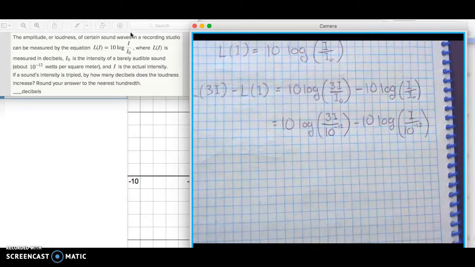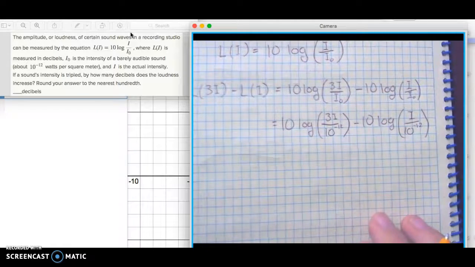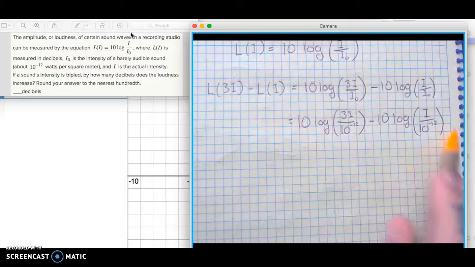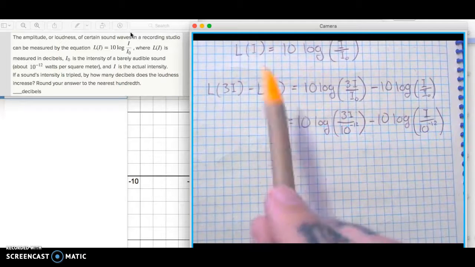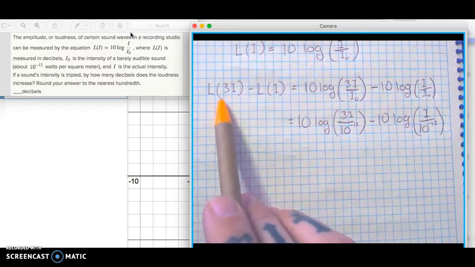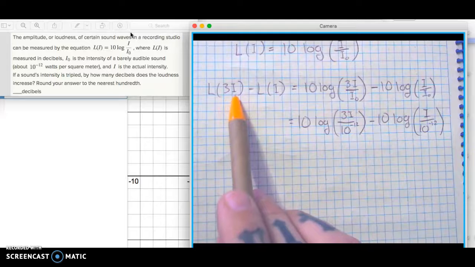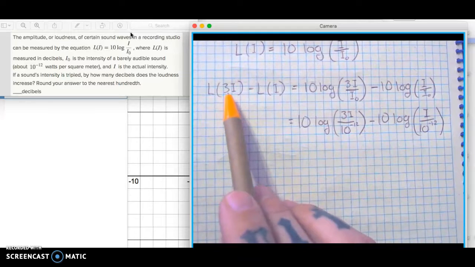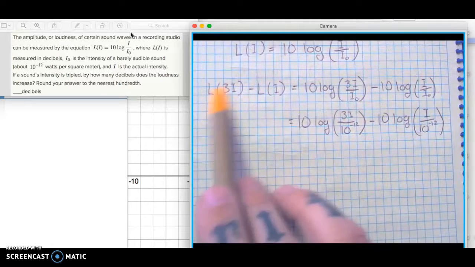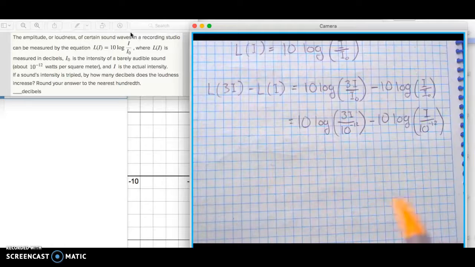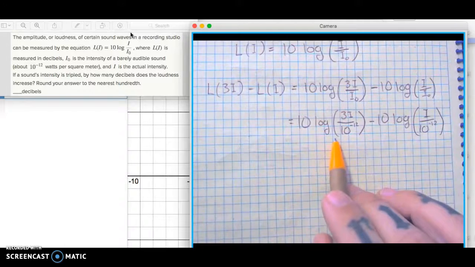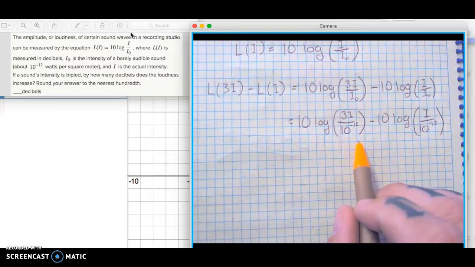All right. So now what do we do? We have to figure out what this is equal to, because this will tell us how much of a difference tripling the intensity makes on the overall loudness or amplitude. So even though this seems impossible to do, it's actually pretty simple if you remember a couple of logarithmic properties.